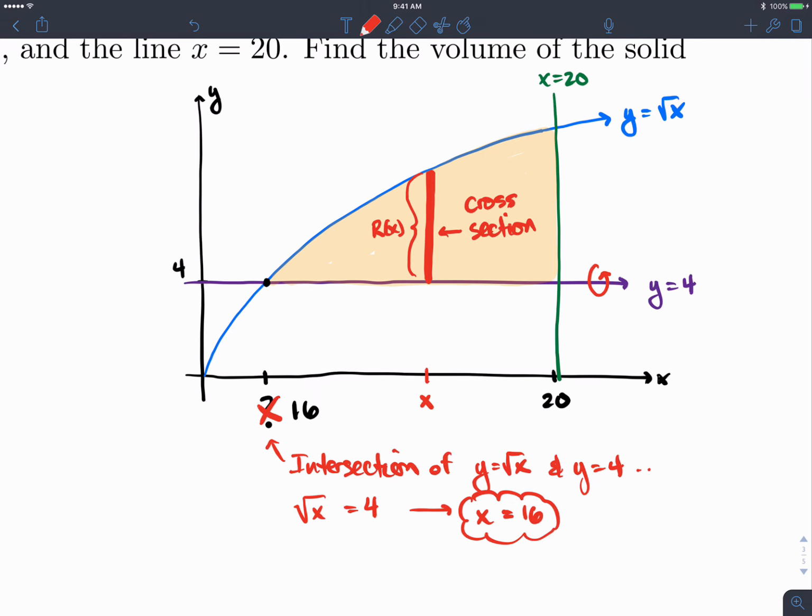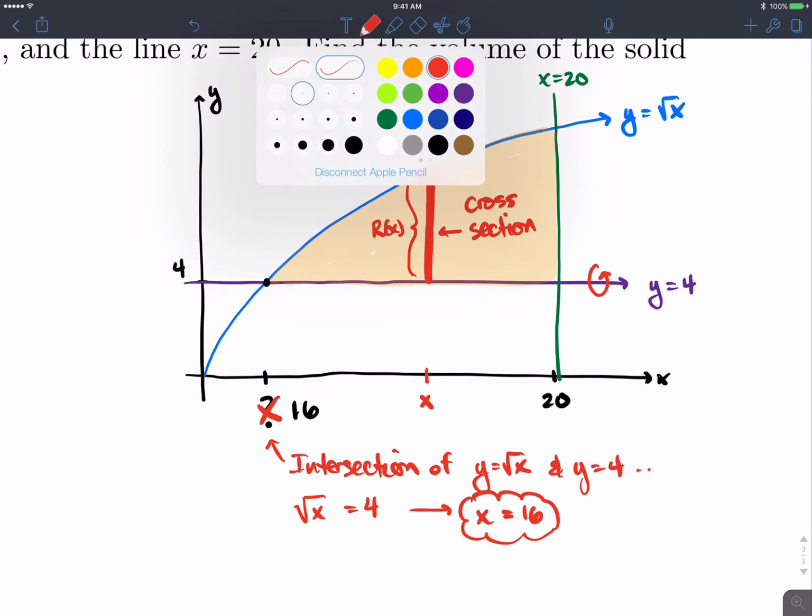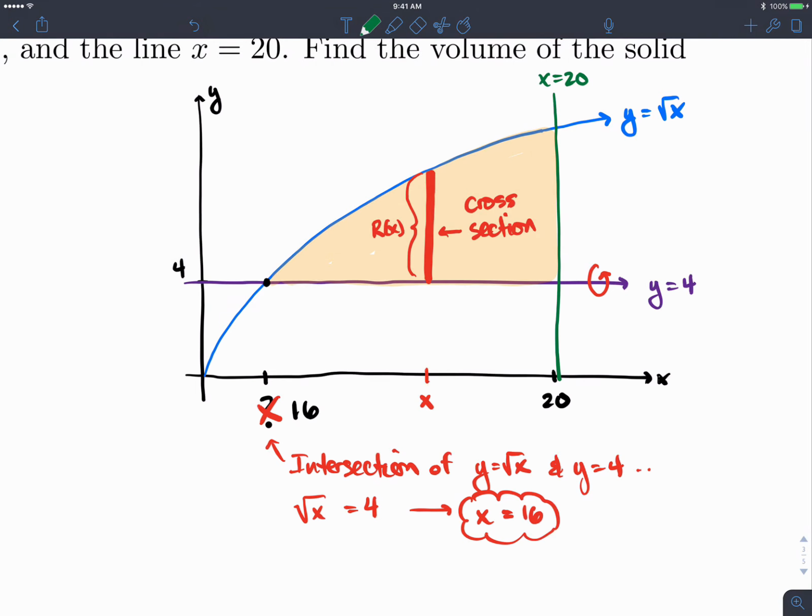So what is that height? Well, if you can't see it right away, we could think about it this way. The height for any of these cross sections that we would draw would be, I'm going to get close here, the distance from the curve to the x-axis, this we know is just the square root of x. But we then want to remove this from that quantity, and this distance is just 4.